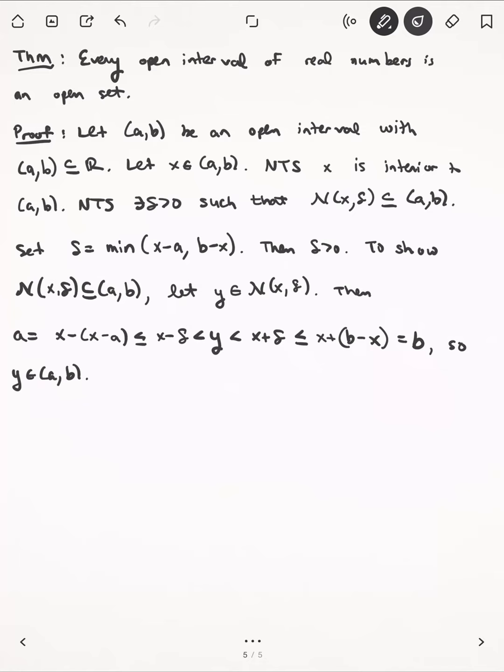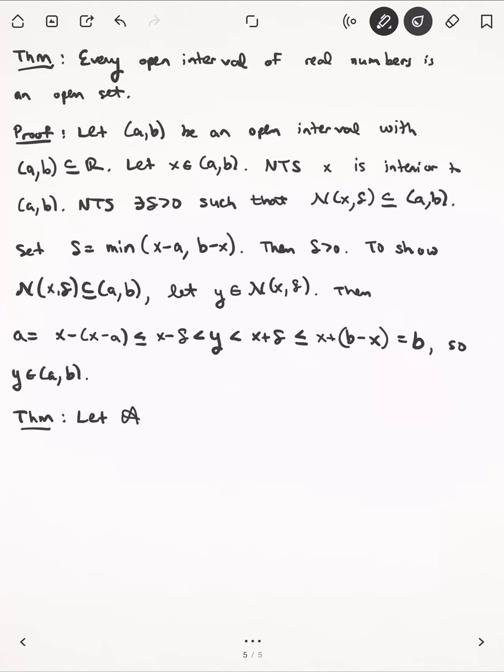Just to get you acclimated to some more tools and types of proofs we write in analysis. Okay, this is going to be a fancy script A, something like this.